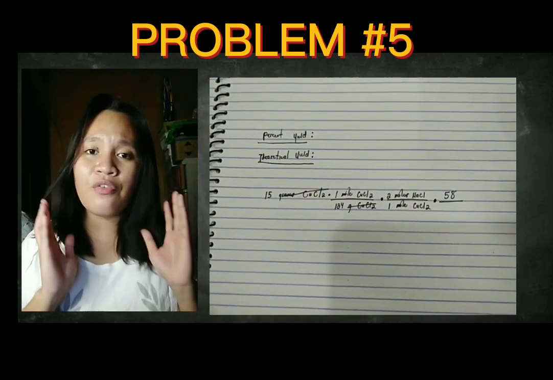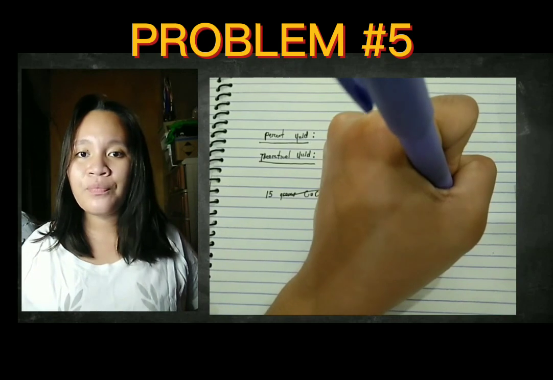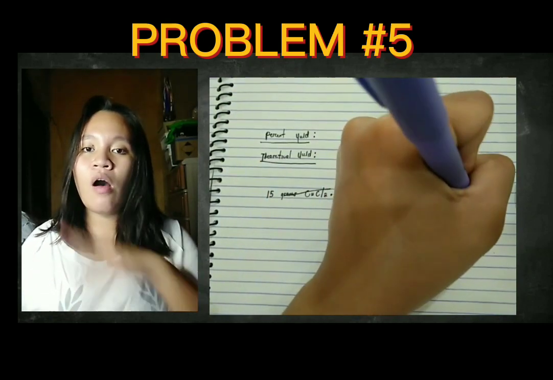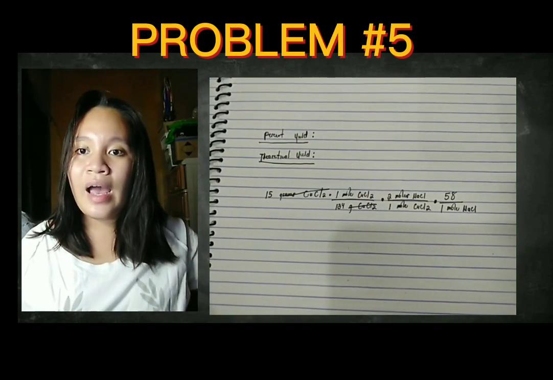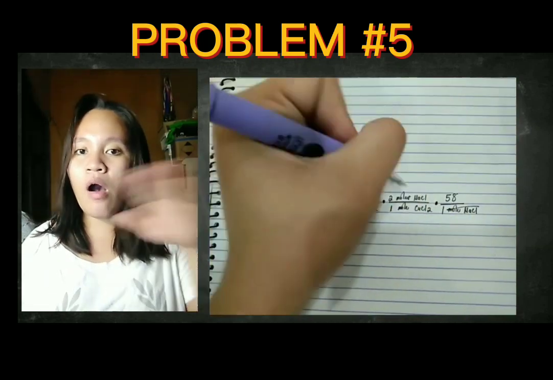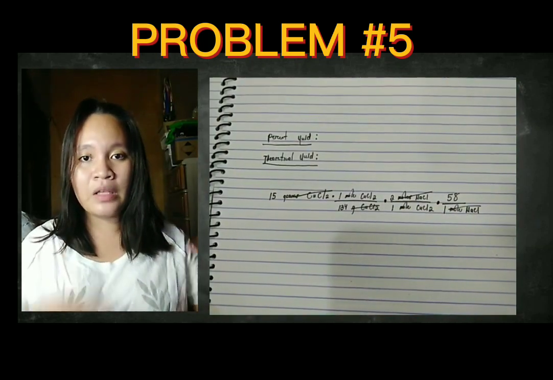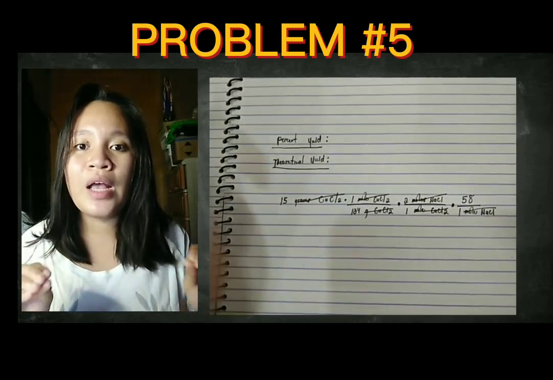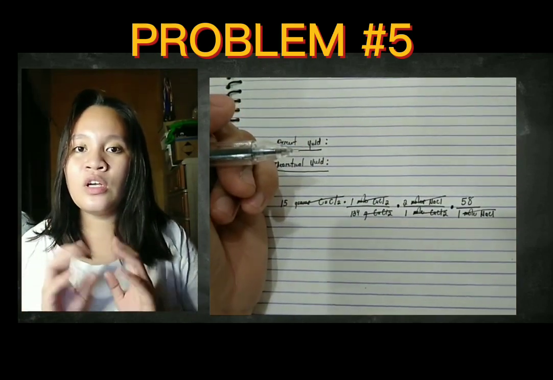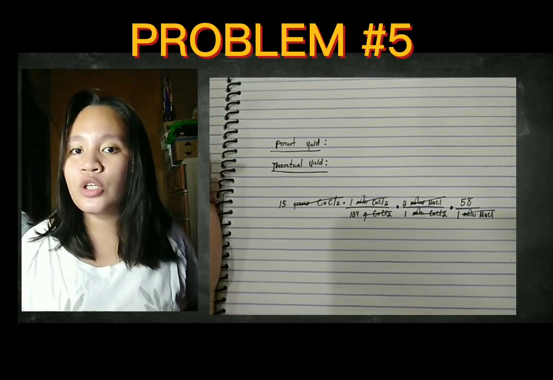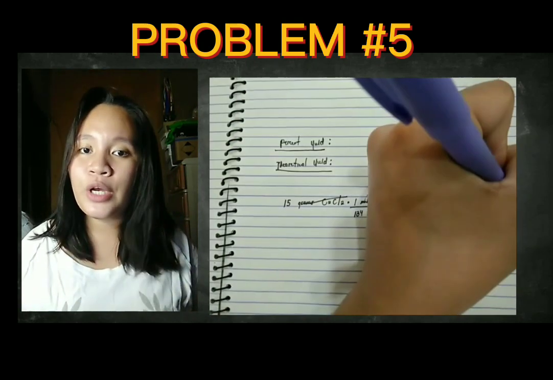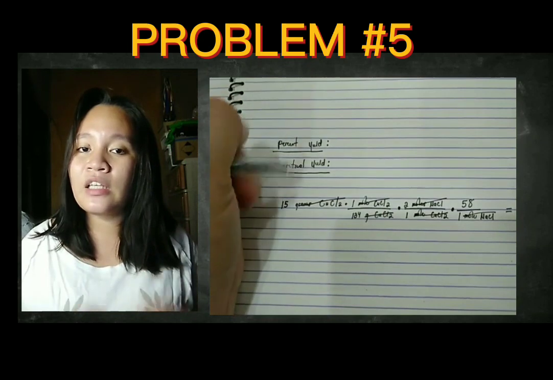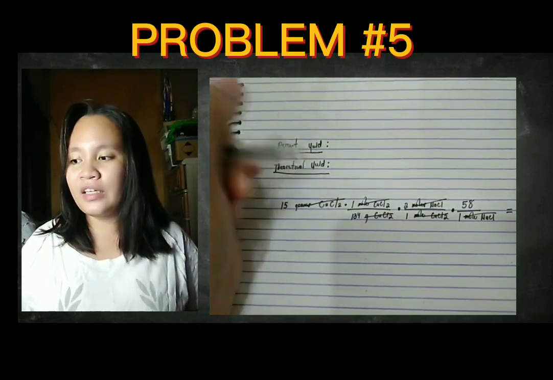For easier understanding, just multiply all the numerators and multiply all the denominators, but before multiplying, make sure to do the cancellation. So do the cancellation, multiply the numerator, multiply the denominator, and then divide.